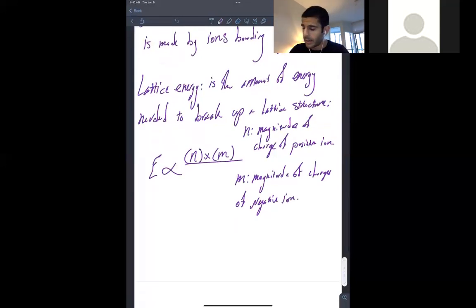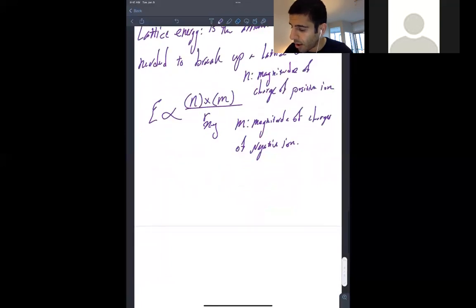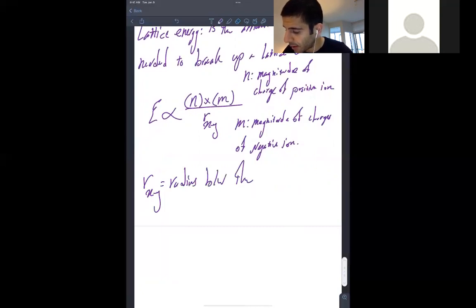And then it's divided by the radius, let's say X to Y, where R of X to Y is the distance between the two ions.